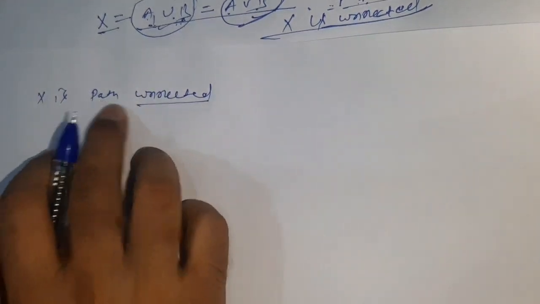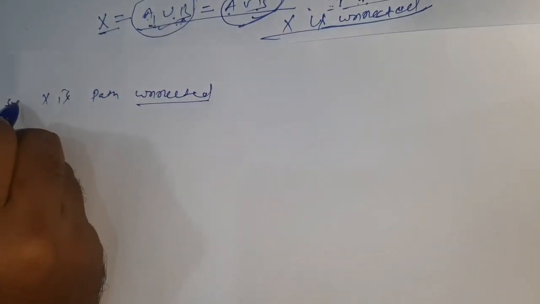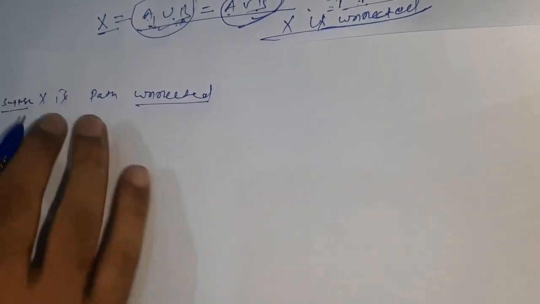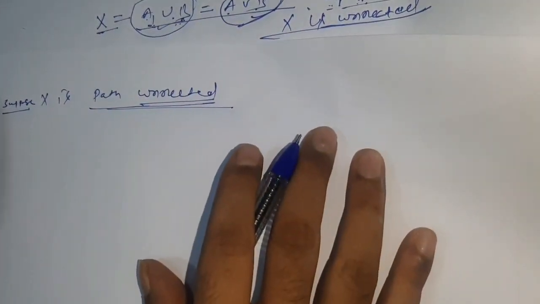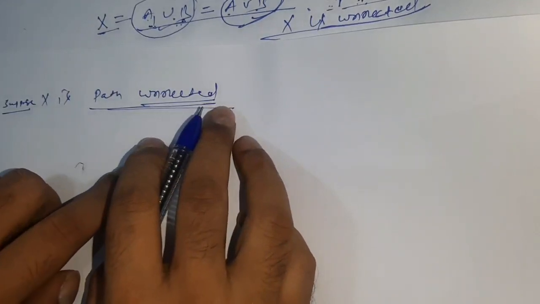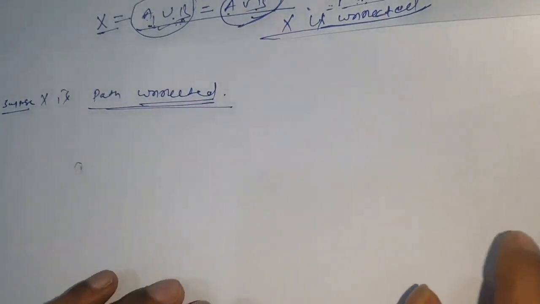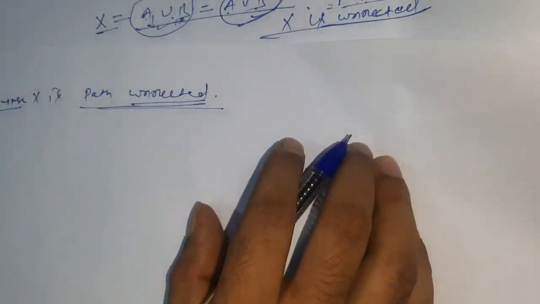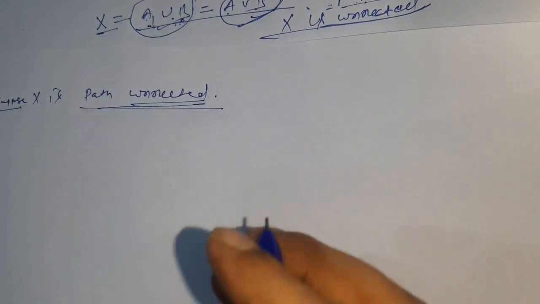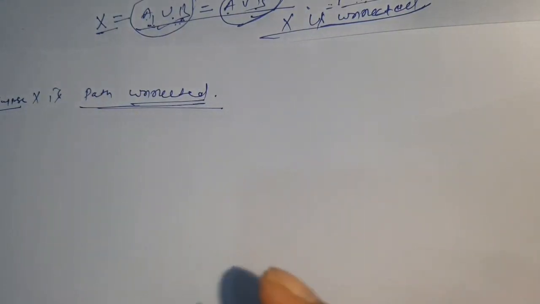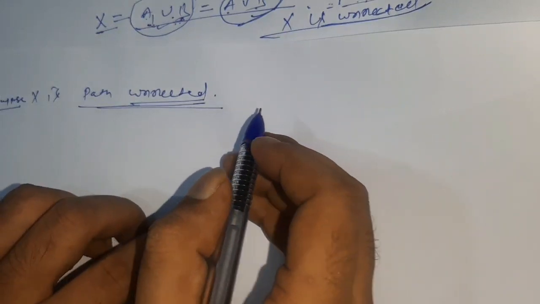Suppose, assume X is path connected. So it implies the definition of path connected, which I have discussed in a previous video. If you don't know, first watch that video on what path connected is and what the definition is.